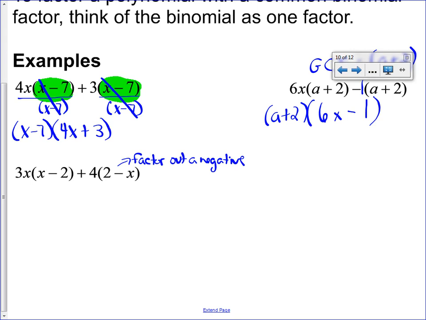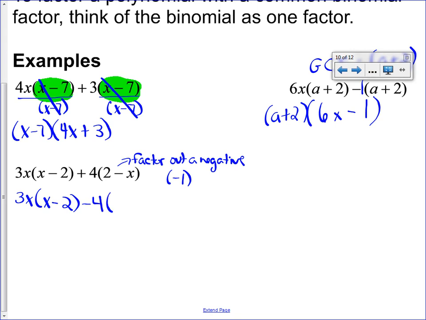So when I'm factoring out a negative, I'll rewrite this as 3x bracket x minus 2. When I factor out a negative, that means instead of writing plus 4 here, I'll write minus 4. I'm putting negative 1 here, which is why this positive 4 becomes negative 4.